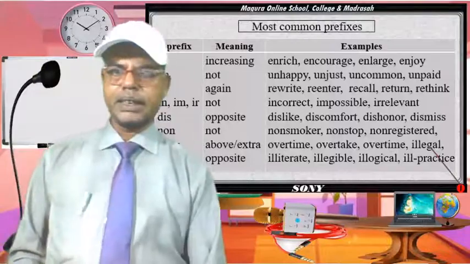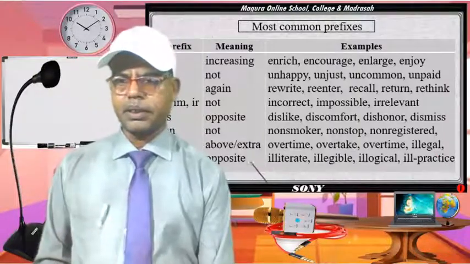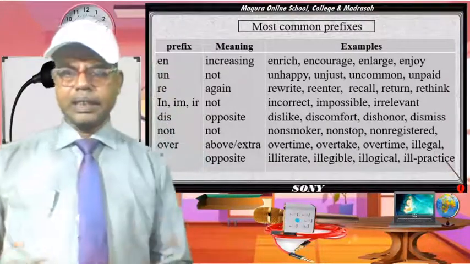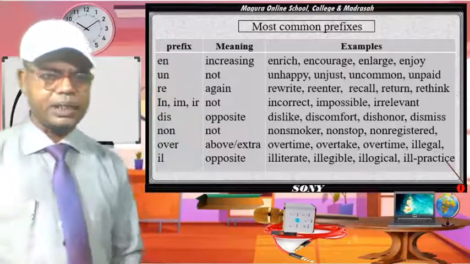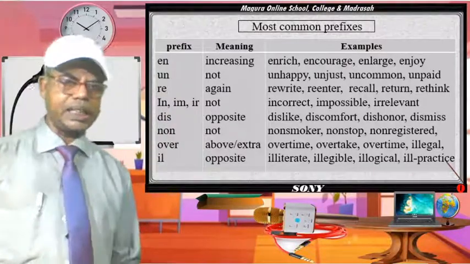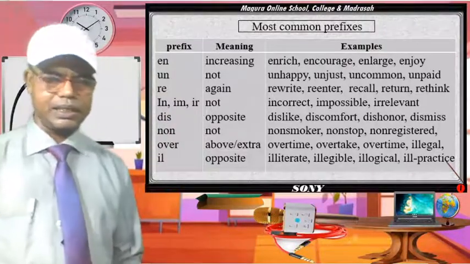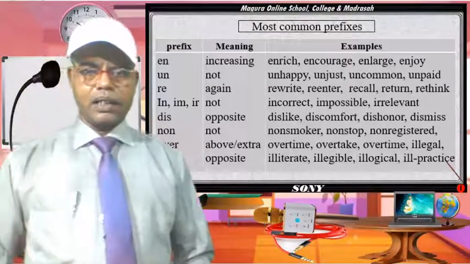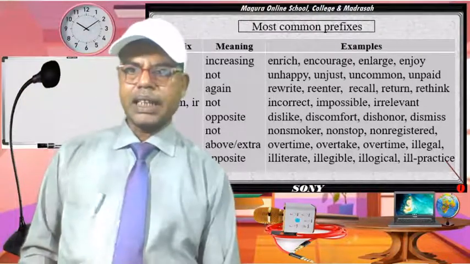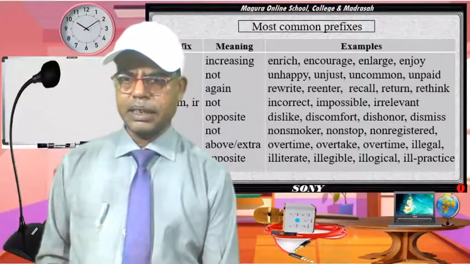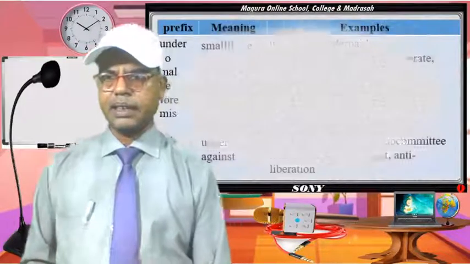Overtime, overtake, maybe the example. In this slide, last one is ill, that means opposite. Then illiterate, illegal, something like that. Okay? We'll go to the next slide.